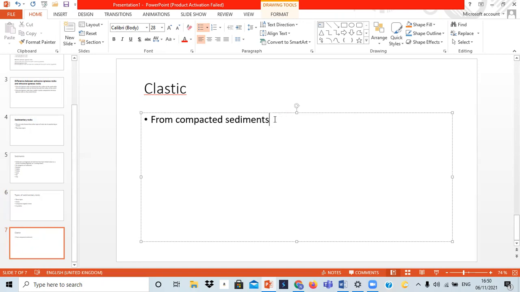The composition included feldspar. Majorly the minerals in this clastic type of sedimentary rock, you can find feldspar, you can find quartz. Yeah, it was mostly quartz.